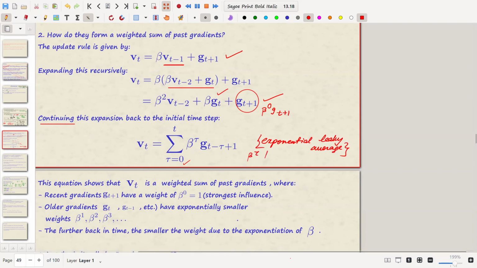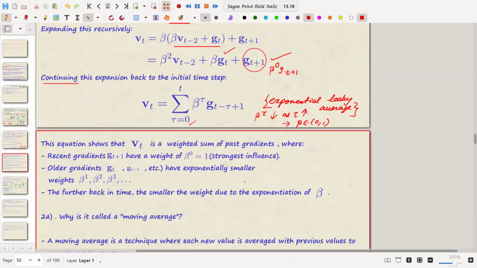Beta to the power tau decreases as tau increases. Why? Because beta is between 0 and 1. The more power of beta you take, the smaller the value you get. Fine? I hope it is clear.